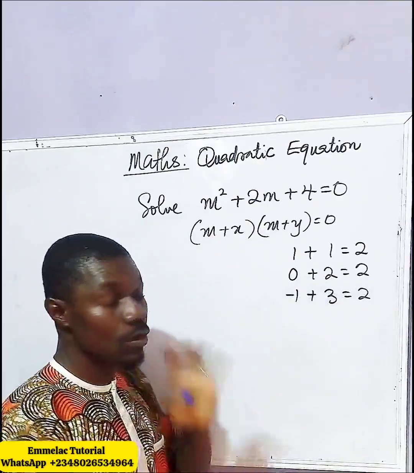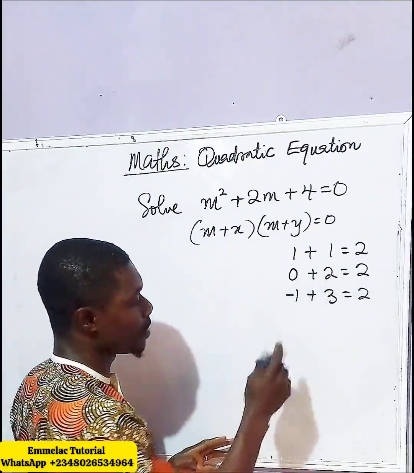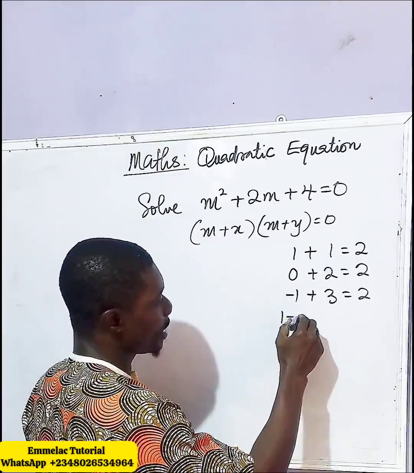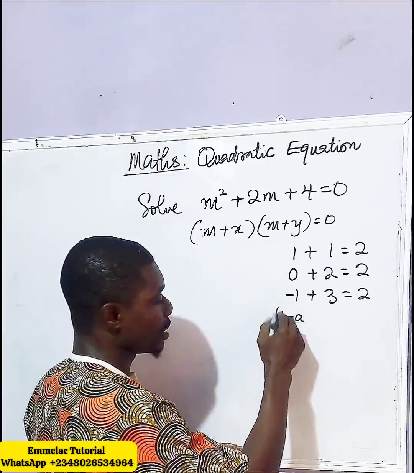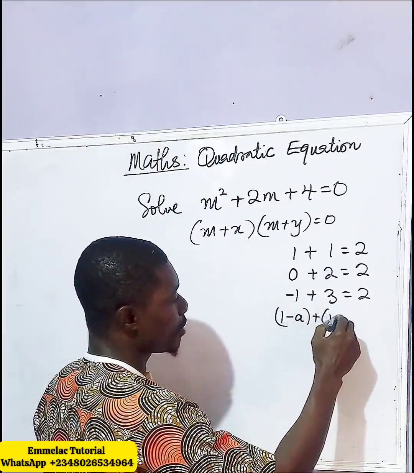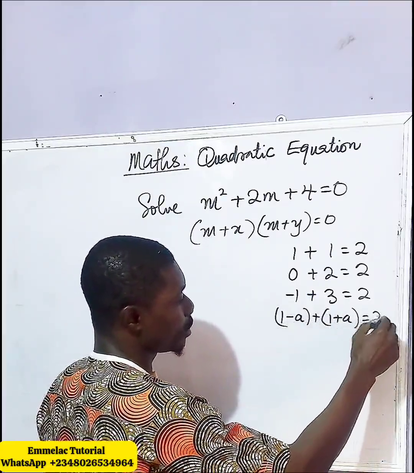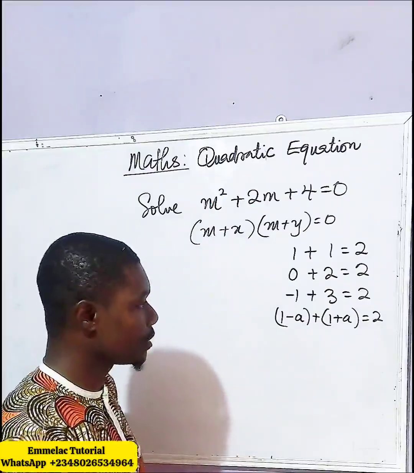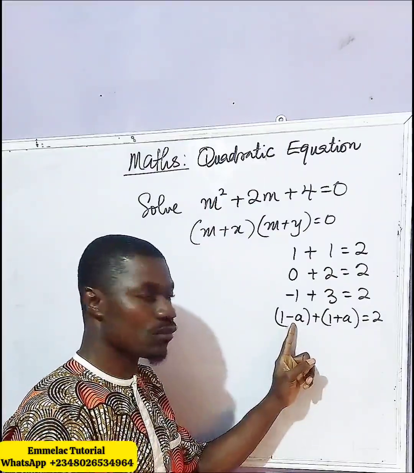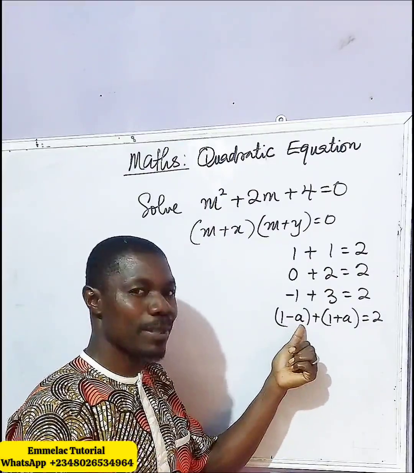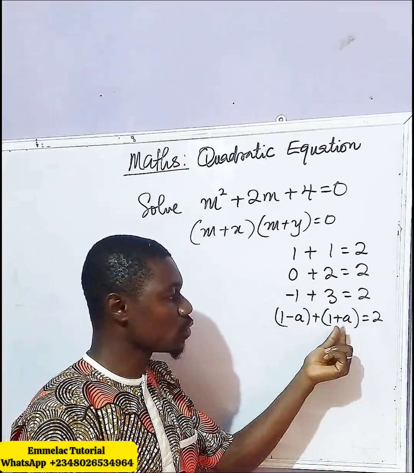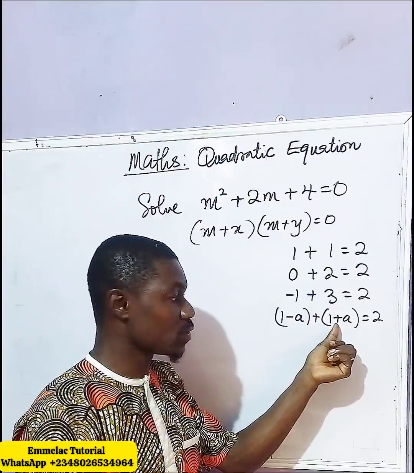Now we come up with this particular formula: 1 minus a, which is that constant, plus 1 plus a should give us 2. As I am moving away from 1 by a particular constant, I'm also adding that constant to this one.